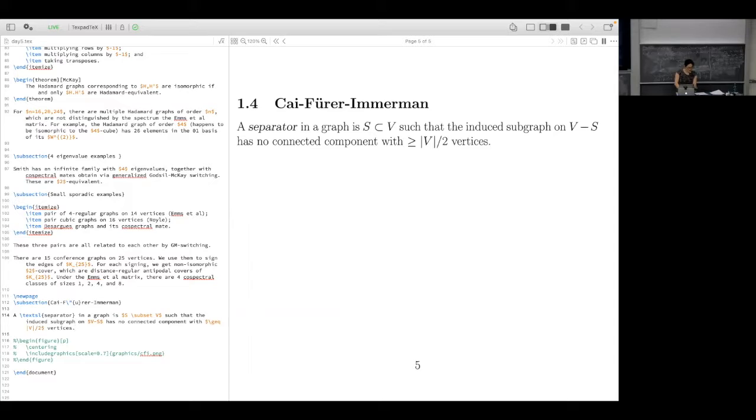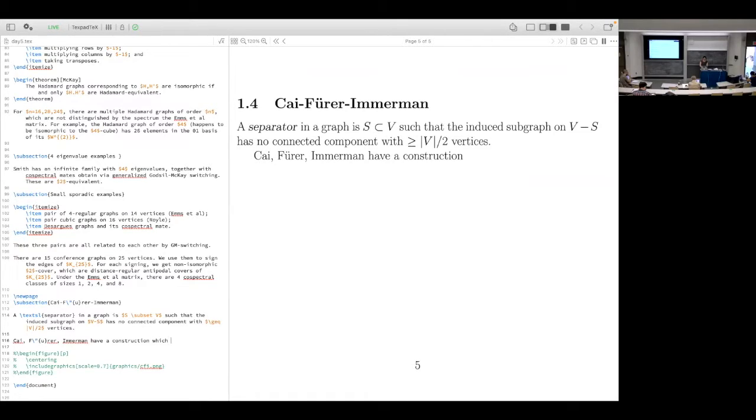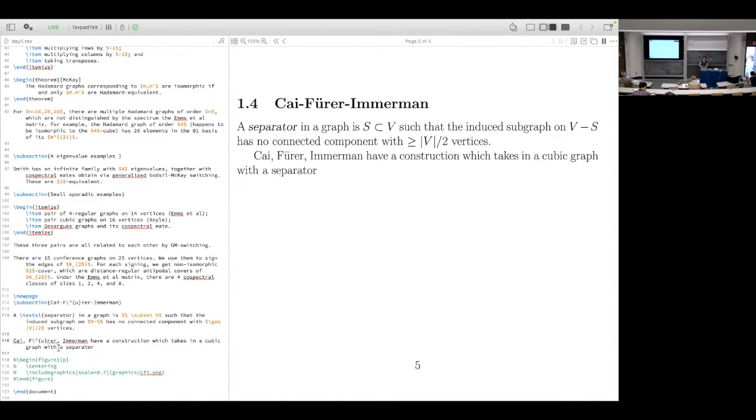So these CFI graphs, Kai Führer and Immerman, in this paper show that they have a construction. It takes as input a cubic graph with a separator of size k, where the smallest separator has size k, so there is no separator of size k minus 1.